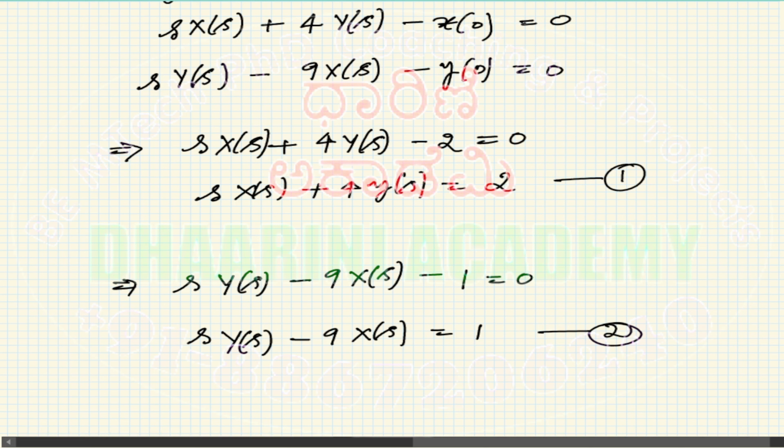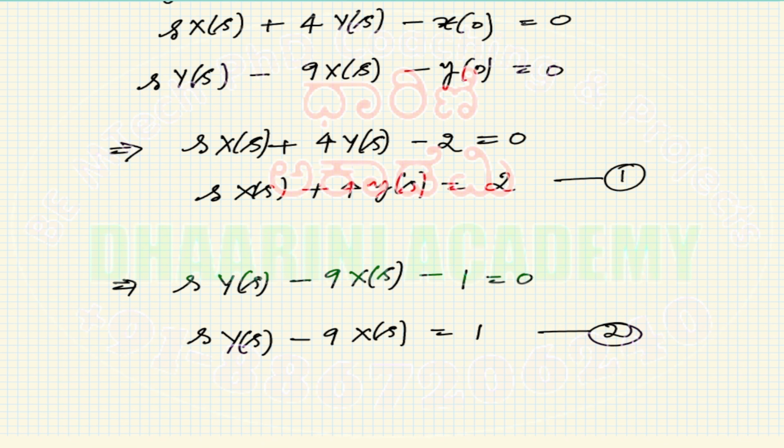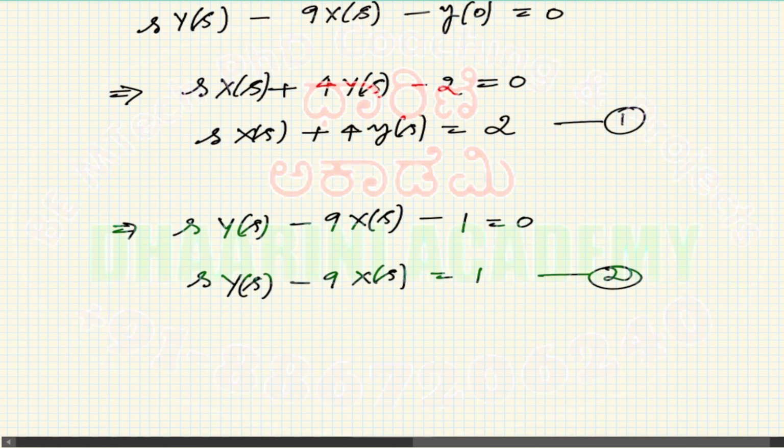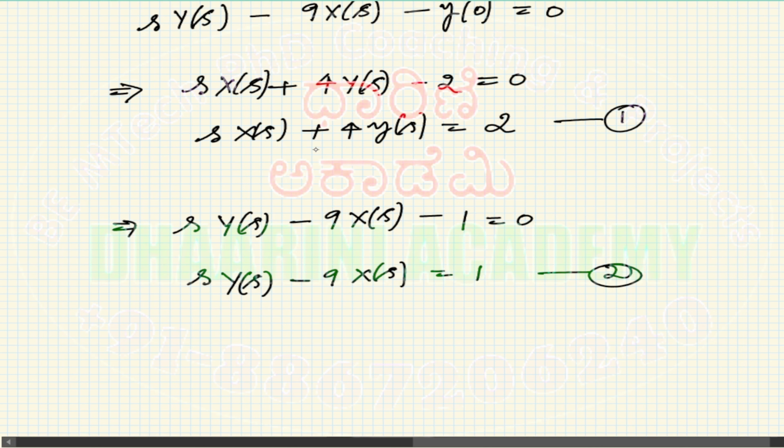Now I have an option to find either y of s or x of s, so that I can find the other one later. So I slightly modify equation number 1 like this. I'll write the term containing y first: 4 times y of s plus s into x of s equals 2.